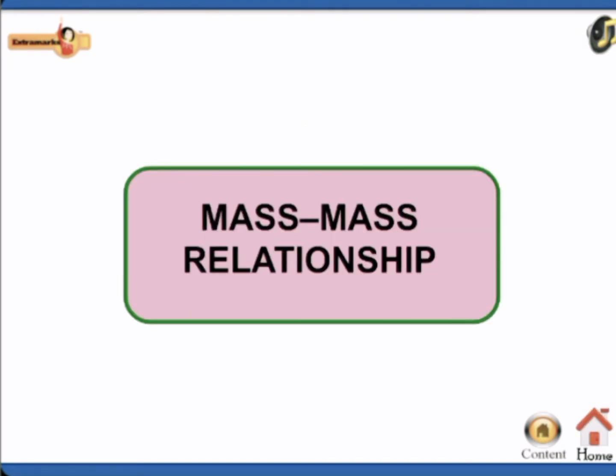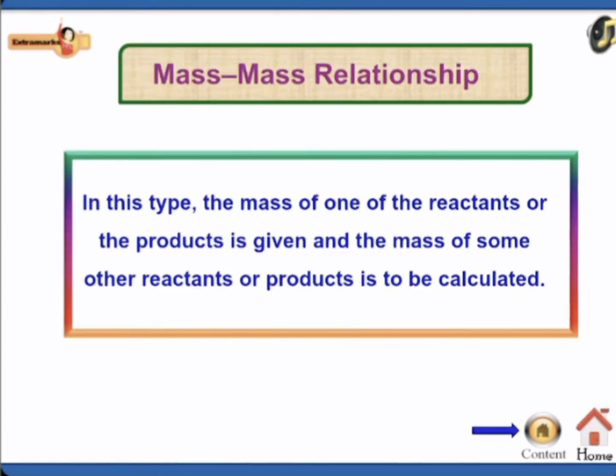Mass-mass relationship. The mass of one of the reactants or the products is given, and the mass of some other reactants or products is to be calculated.